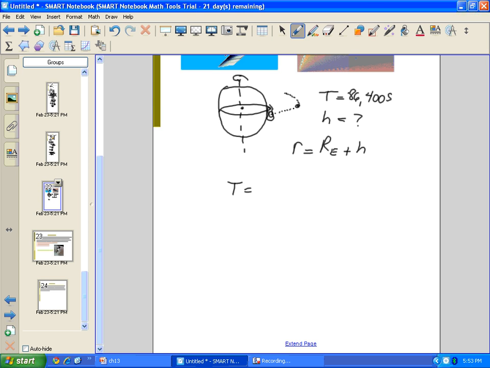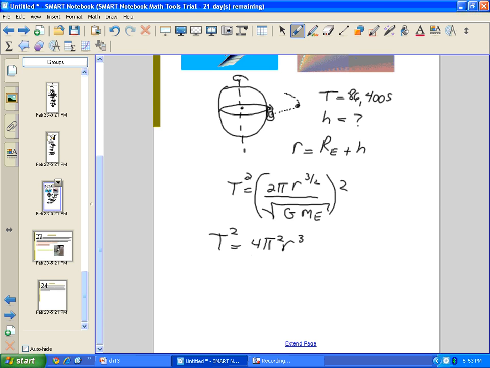Familiar expression T equals 2 pi r to the 3 halves, and here we're talking about this little r, divided by, well, let's see. If the satellite goes about the Earth, it's G times the mass of the Earth. Square both sides, as we saw earlier, and we end up with T squared equals 4 pi squared r cubed divided by G, mass of the Earth.